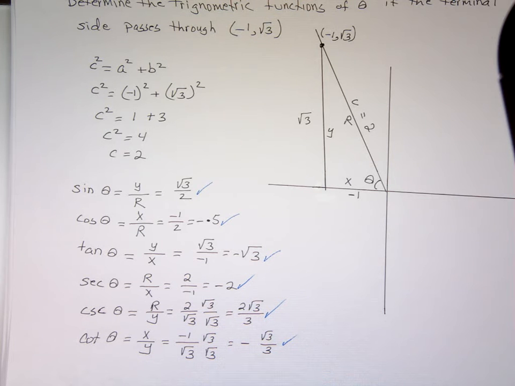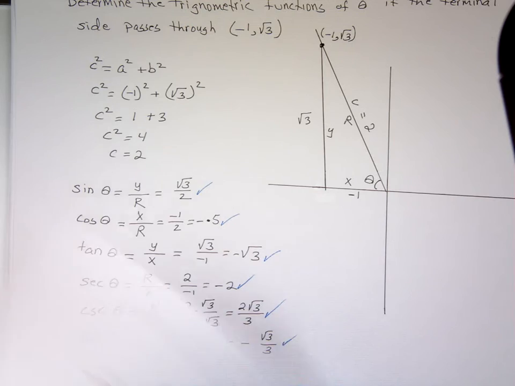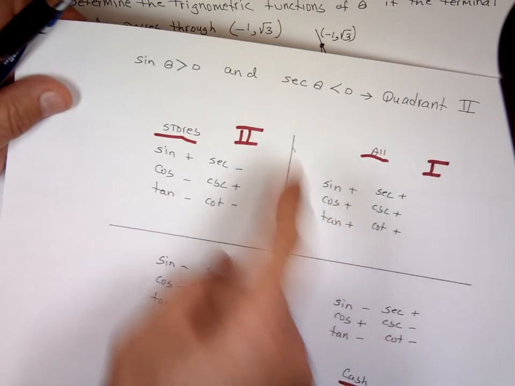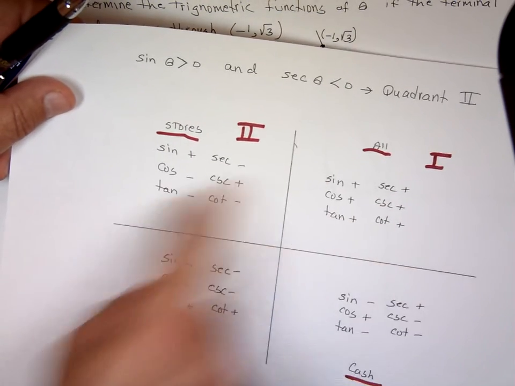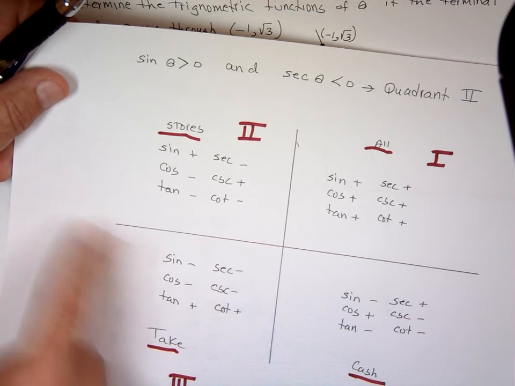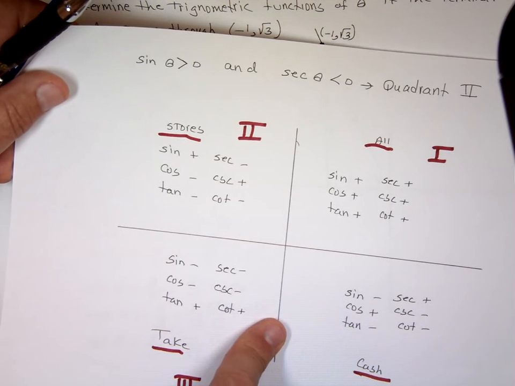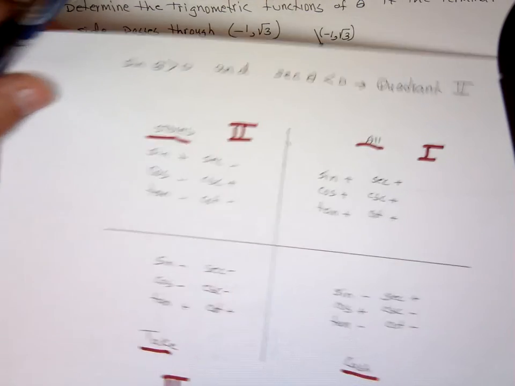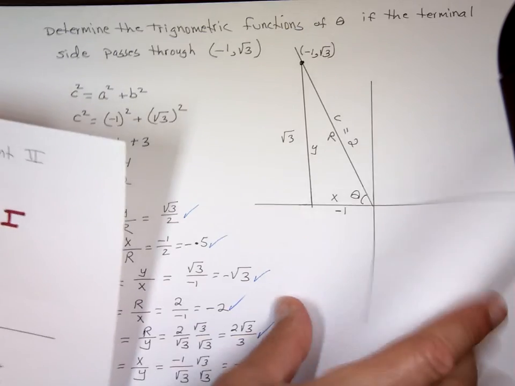The only time we could get in trouble, the only time, is when the angle lands on one of those axes. If the angle lands on the axes, then we got to pay attention to it. So what does that mean?